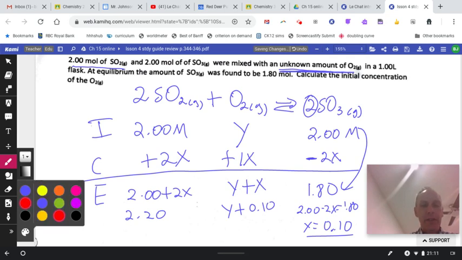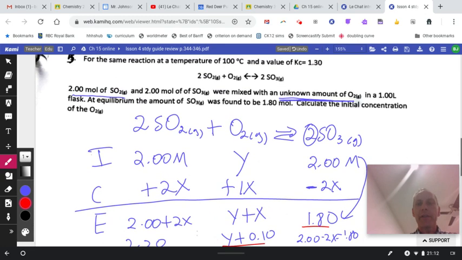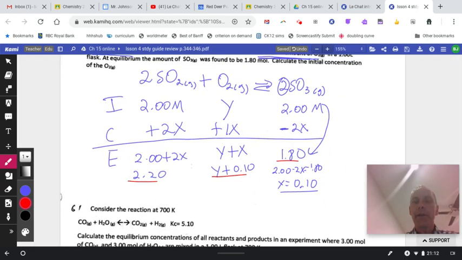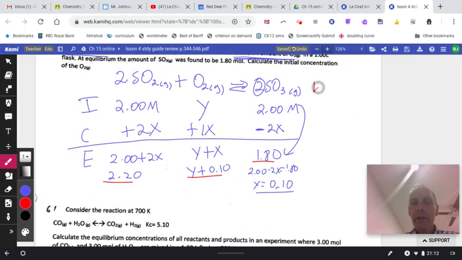If we look at these, we have this equilibrium concentration, this one, and this one. And it's the same reaction. We have the equilibrium constant right there, so we can graph this one and solve for our unknown. Let's put it over here. Okay, so Kc equals 1.30.